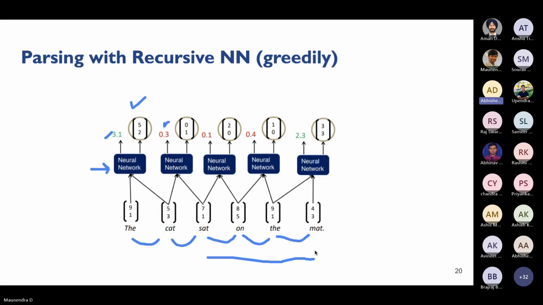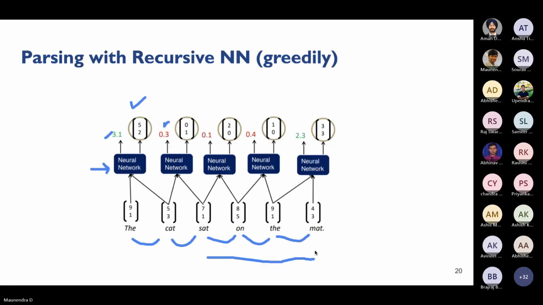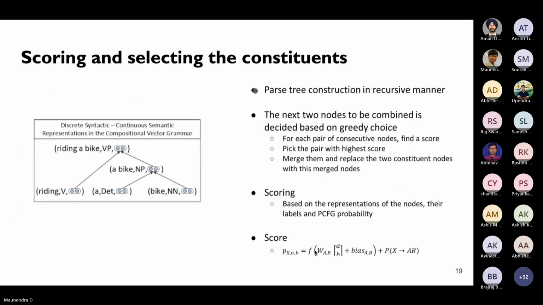Sir, how do we train this network? What's the loss function there? So here the loss function could be the probability of the tree that you get by multiplying all this, and the probability of the ground truth tree. So based on that, the loss function could be defined.